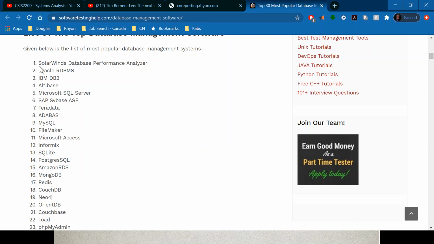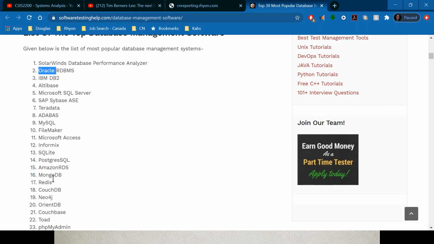So here's an example of a lot of the top database systems, like Oracle, for example. Oracle is the database management system that we use at Douglas College. It's one of the largest in the world, and we use it for keeping track of all of our students, our courses, our instructors, all sorts of stuff. They call it Banner, which is a branded version of the Oracle database.